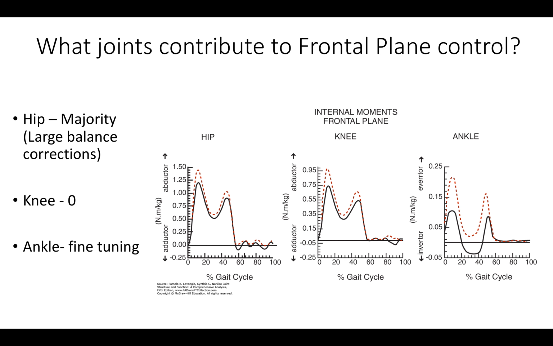And so even though the foot moments and torque aren't creating a lot of power at the trunk or transferring power to the trunk to keep the trunk vertical, they are important in terms of the direction of the ground reaction force and getting good contact with the ground, to make it easier for the person to navigate their center of mass into their base of support during single limb stance.